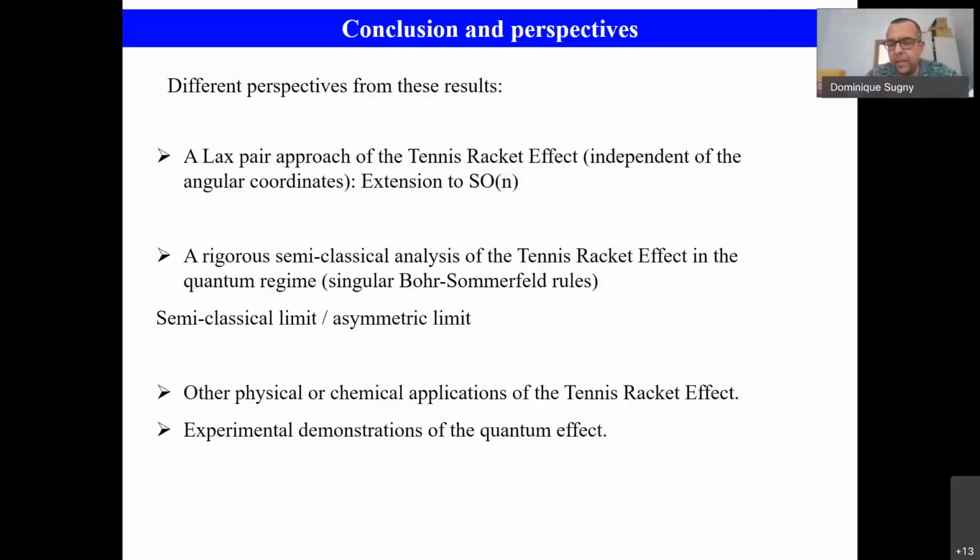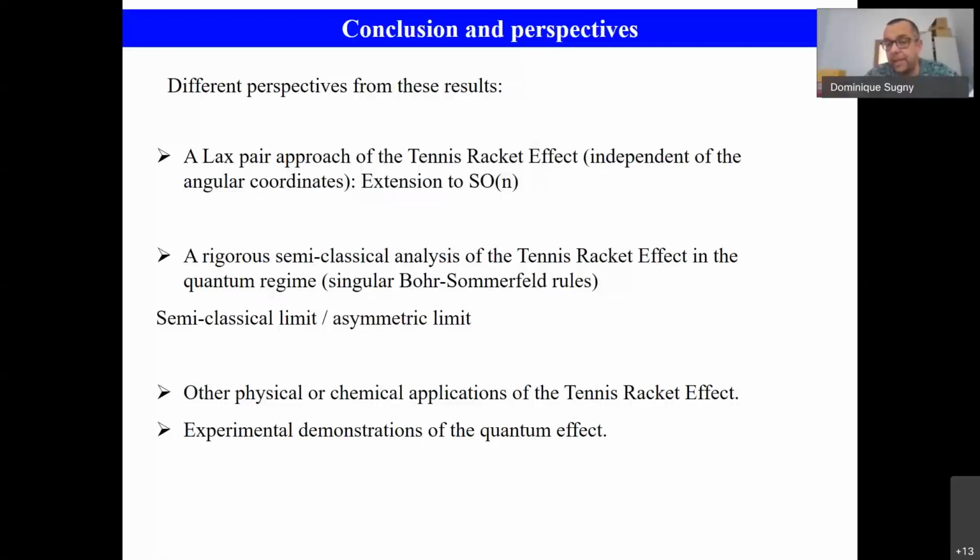The second problem, from the experimental point of view, is to be able to measure the final position of a molecule or of a tennis racket. Basically it means measuring the three Euler angles at the final time. From a quantum point of view, you cannot see the molecule, so we need some measurements.